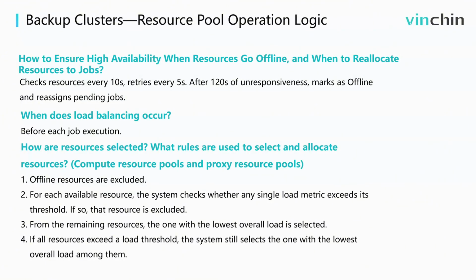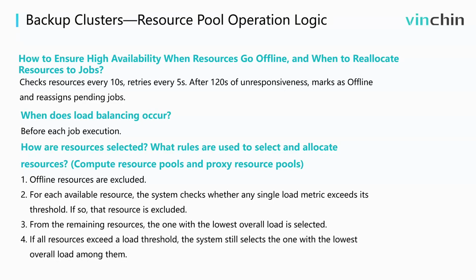And how are the resources selected? What rules are used to select and allocate resources? Here are some scenarios. First, the offline resources are excluded. Second, for each available resource, the system checks whether any single load metric exceeds its threshold.